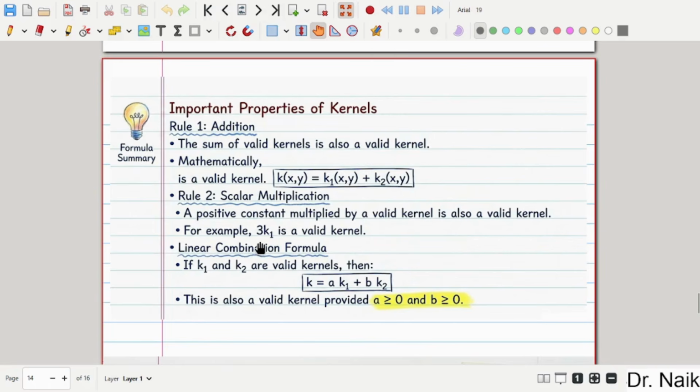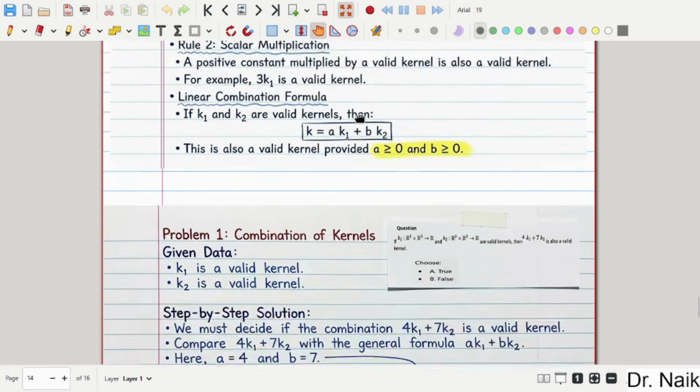For example, 3 into k1 is a valid kernel. Linear combination formula: if k1 and k2 are valid kernels, then k is equal to a k1 plus b k2. This is also a valid kernel provided a is greater than or equal to 0 and b is greater than or equal to 0.